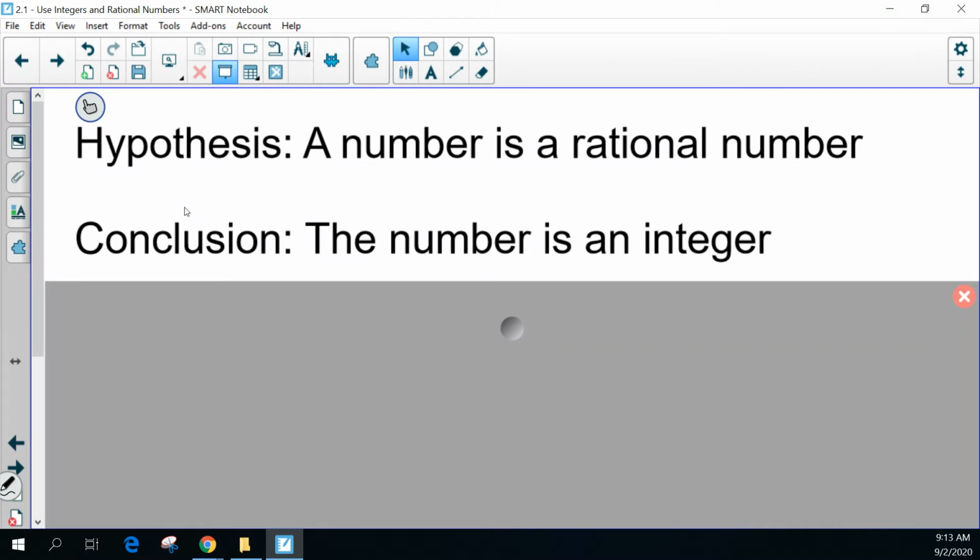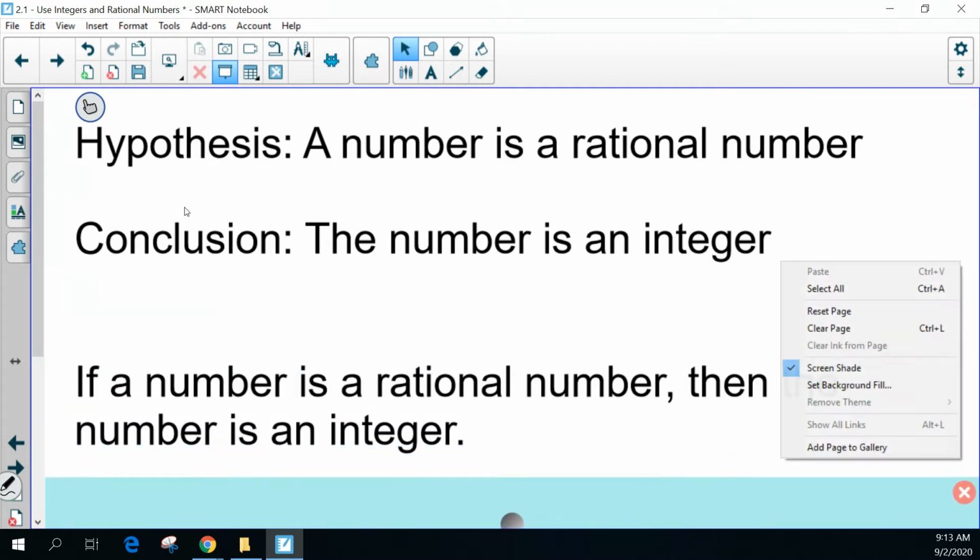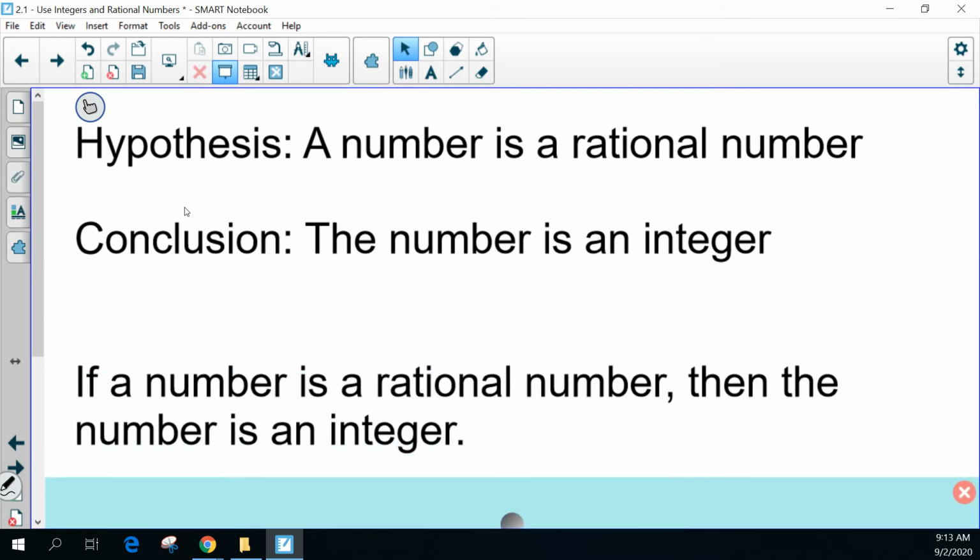So if a number is a rational number, then it is an integer. Is that true every time? Do you guys think that's true every time? I don't. So give me a counter example of a rational number that is not an integer.